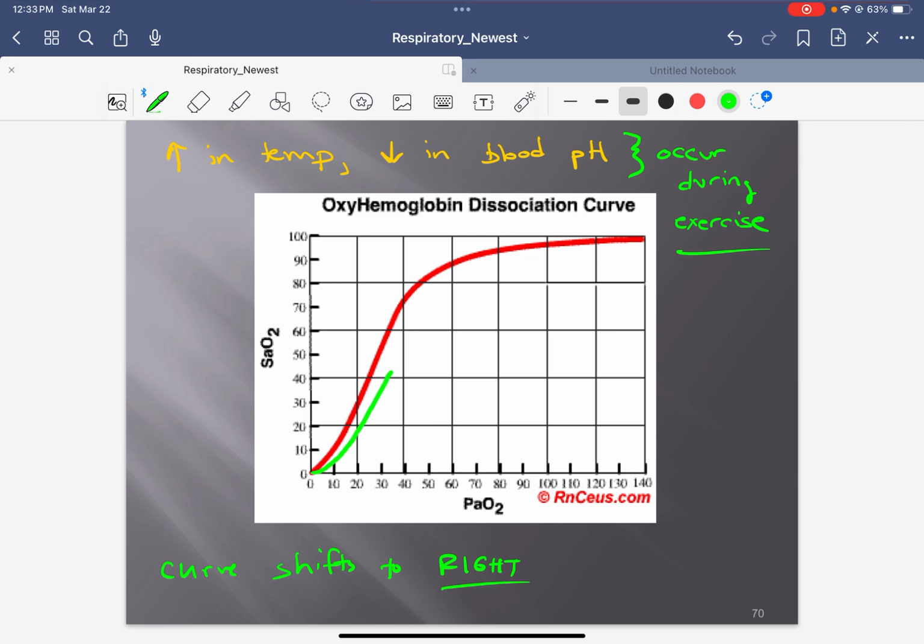And what that means is when the curve shifts to the right, at the same partial pressure, there's less hemoglobin saturation. Normally at 100, there's 97. But when the curve shifts to the right, hemoglobin saturation goes down.